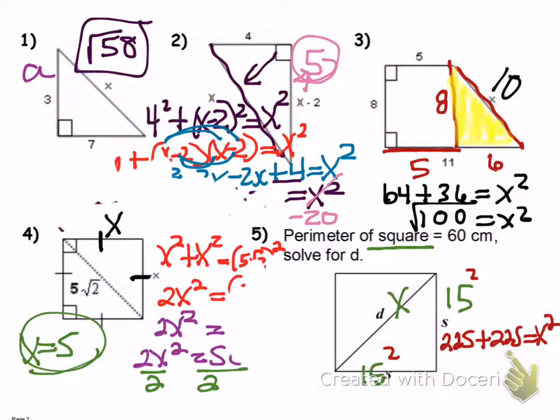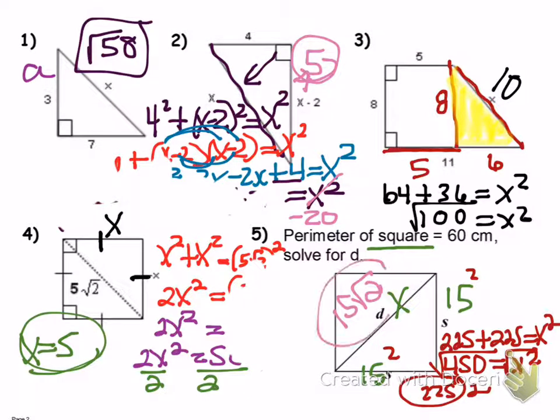So 225 plus 225 is 450 equals x squared. And then now I need to find perfect squares in 450. Well, I know 225 goes into it. So 225 times 2. The square root of 225 is 15. And so my answer here is 15 square root of 2. And that's the length of the hypotenuse.